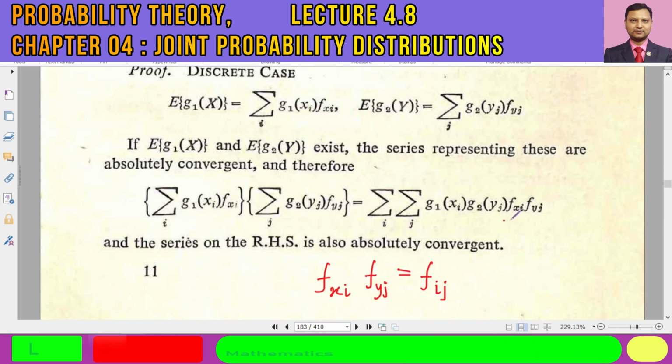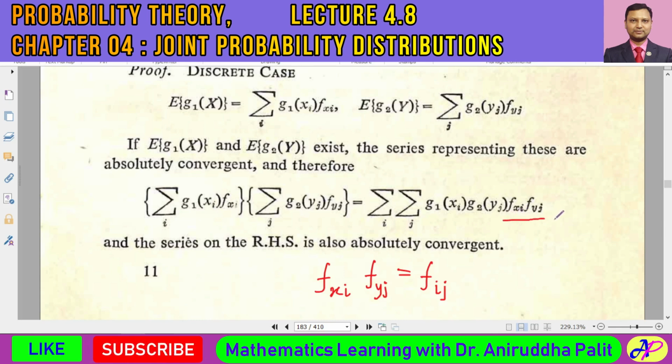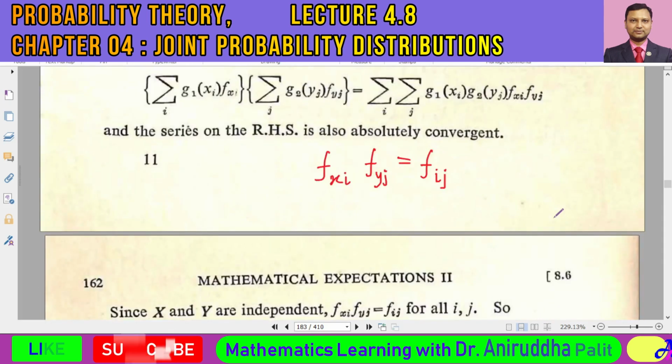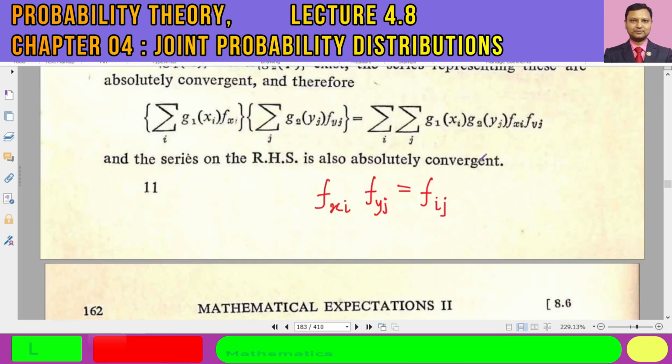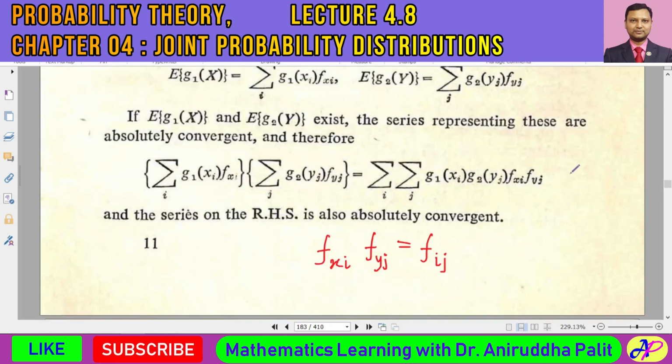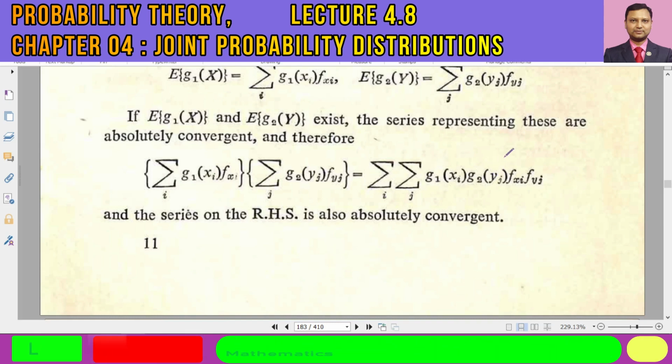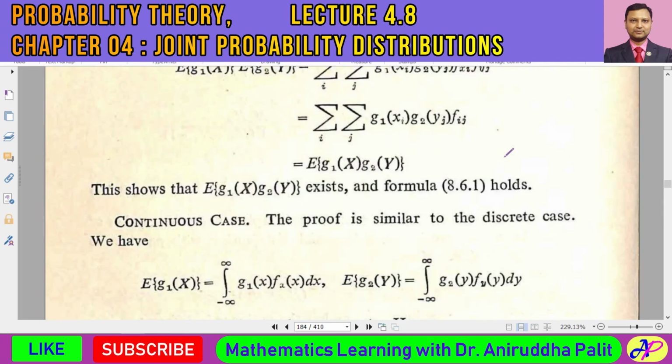Therefore, in place of this term f(xi) f(yj), we can write this expression f(xi, yj), and in that case this expression would ultimately be equal to the expectation of g1(x) and g2(y) obtained from the joint probability distribution.